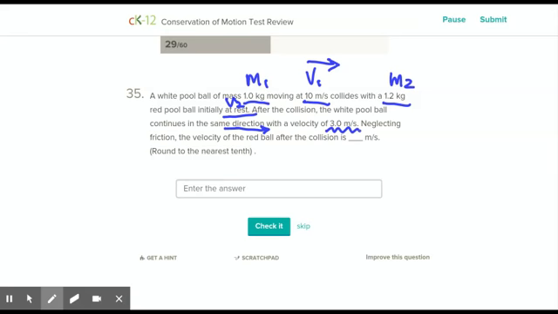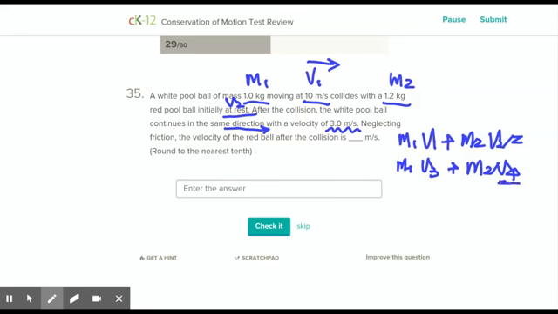Okay, so momentum is conserved. So M1 times V1 plus M2 times V2 is equivalent to M1 times V3, the new velocity of the white ball, plus M2 times V4, which is the new velocity of the red ball, which is what we're looking for, right?